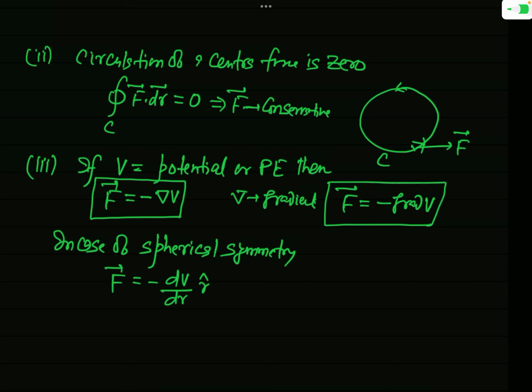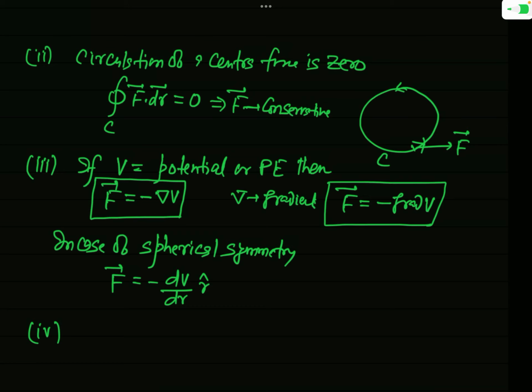So you can see from this result that if a potential function is given, we can easily find the corresponding conservative force or the central force which is responsible for that potential. Just in opposite manner, if you have given the central force and you want to find the potential function, the process will be just reverse.